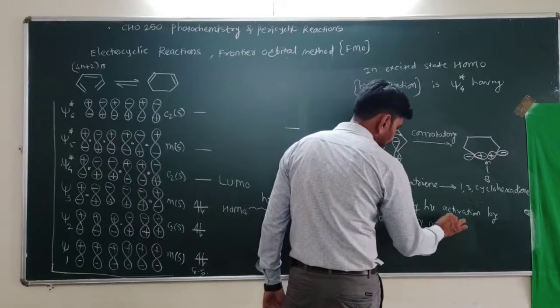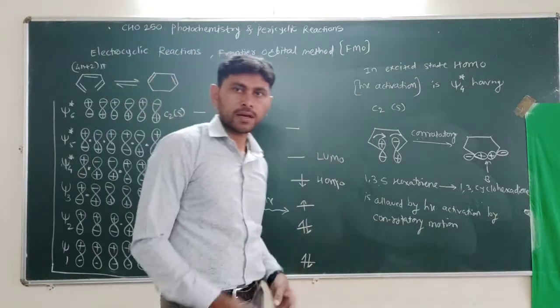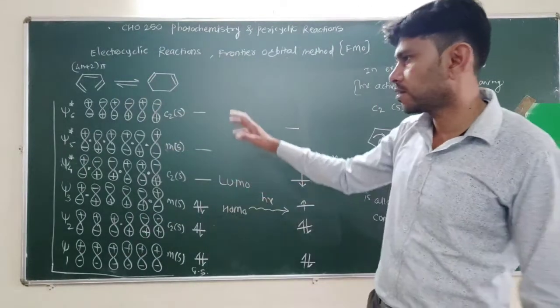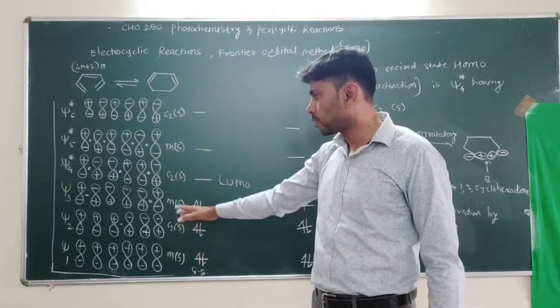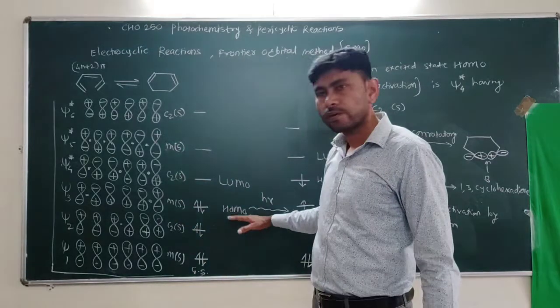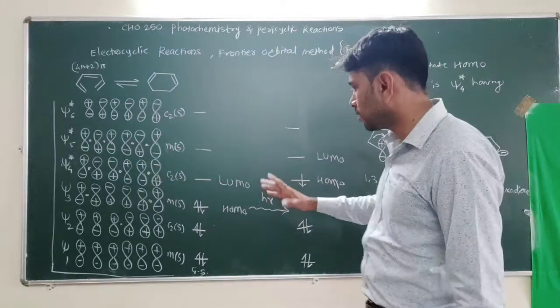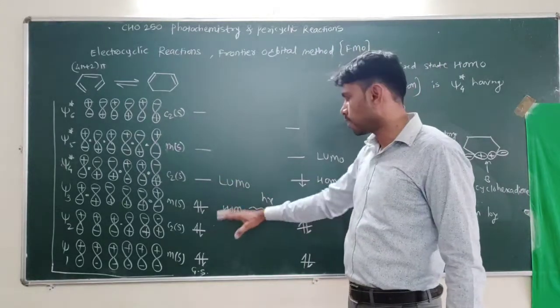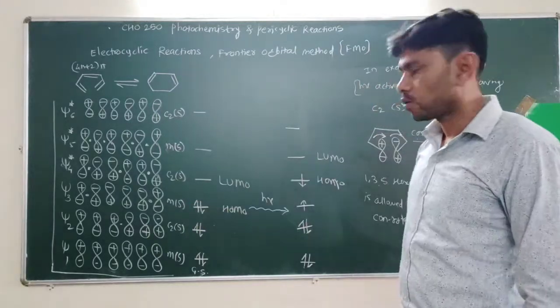So first identify the question, and then write the answer; the way of writing the answer is the same. You have to draw all the orbitals, find the HOMO, whether it is the ground state HOMO or the excited state HOMO, and then find the symmetry of that particular HOMO.